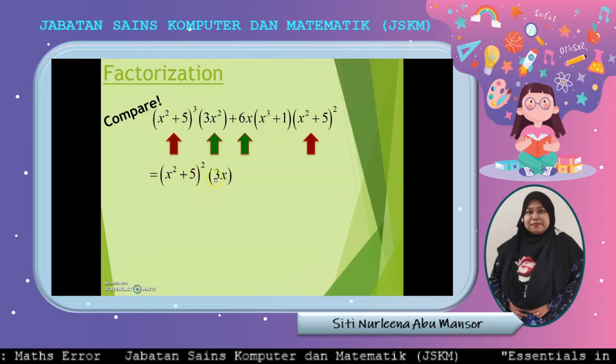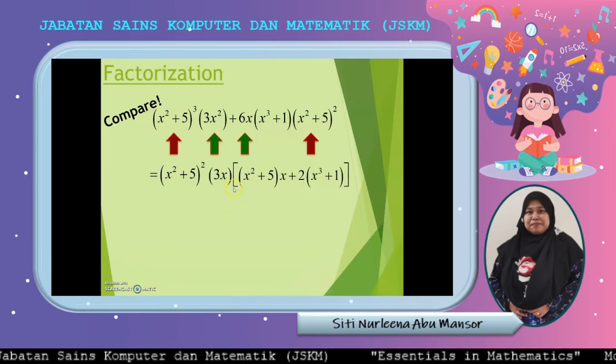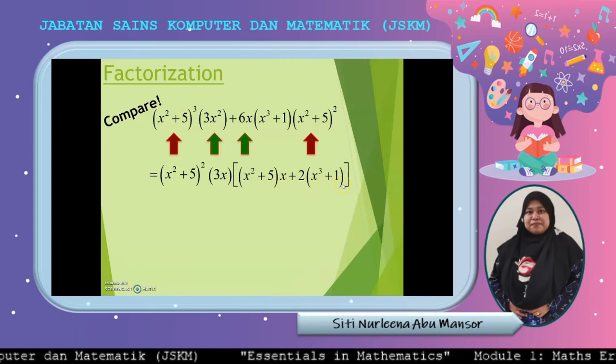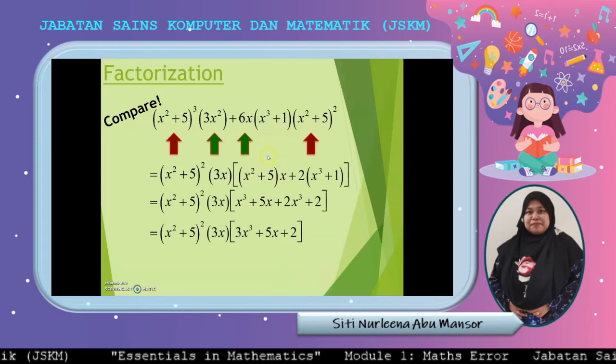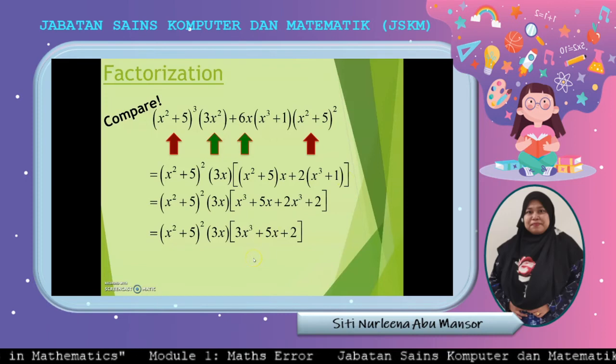And the second one is 3x. Then we put the square bracket and write the remaining factors that are not being factorized. Simplify what is in the square bracket, and then the question is solved.